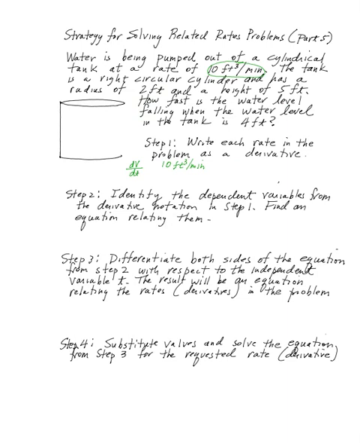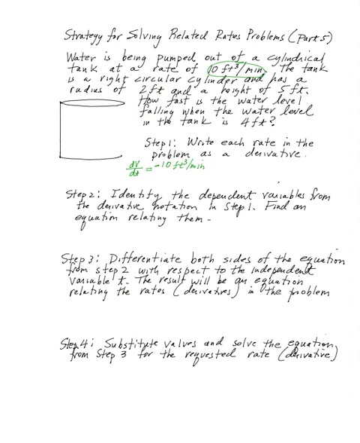So dV/dt is... but is this positive 10 cubic feet per minute or negative? Is the volume of the water in the tank increasing or decreasing? Well, it's decreasing because the water's being pumped out. So the derivative of volume with respect to time is a constant negative 10 cubic feet per minute.